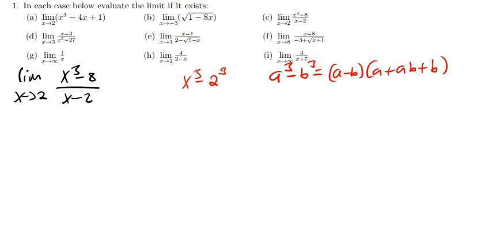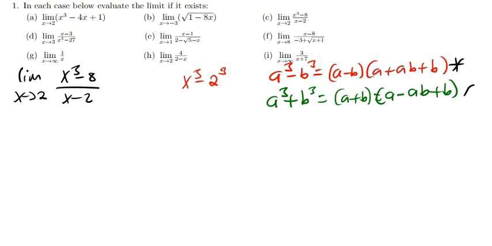But if we have a to the power 3 plus b to the power 3, then it's going to change. It's a plus b, times a squared minus ab plus b squared. I want you guys to understand and know these simple formulas.